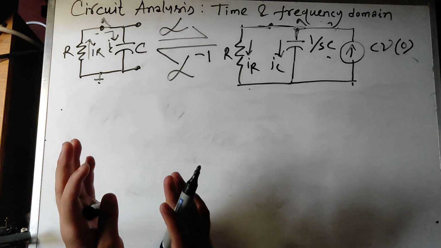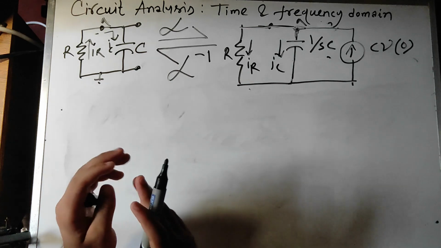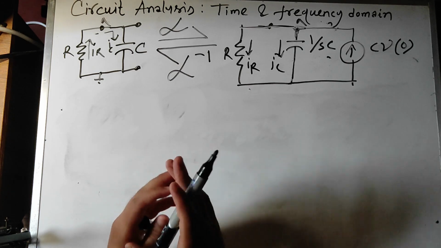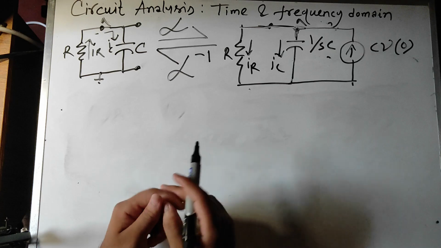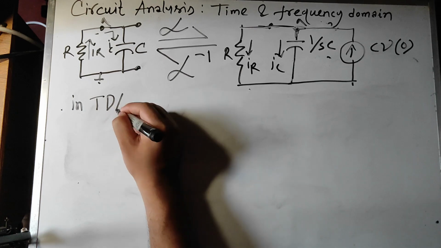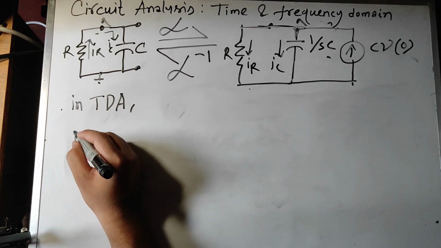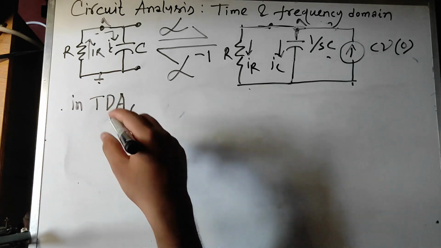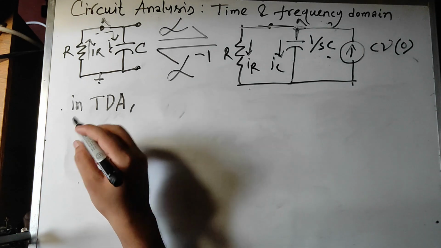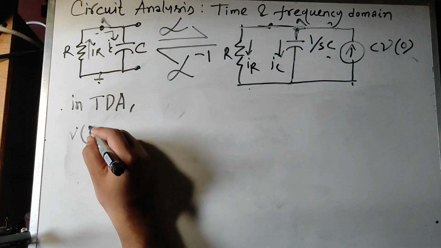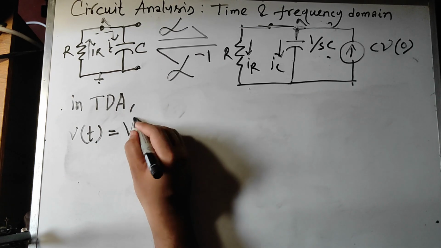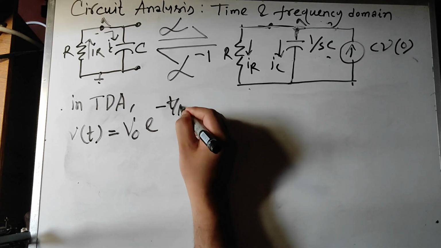Now the response of the RC source free circuit in both time domain and frequency domain is the same. In the time domain analysis, by analyzing the circuit, we found the response, the voltage across the capacitor V(t), is initial voltage e to the power minus t by RC.